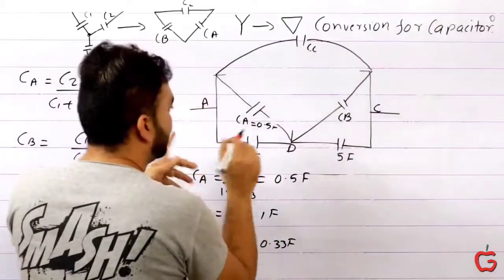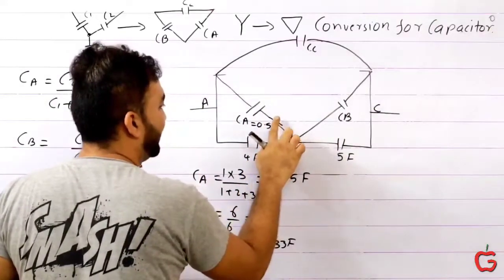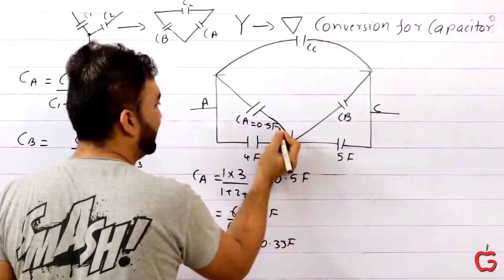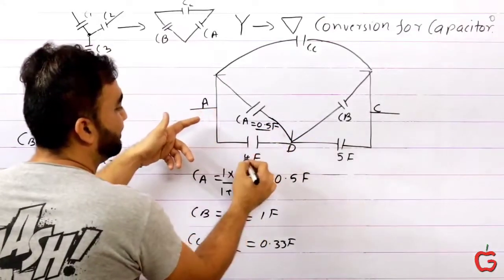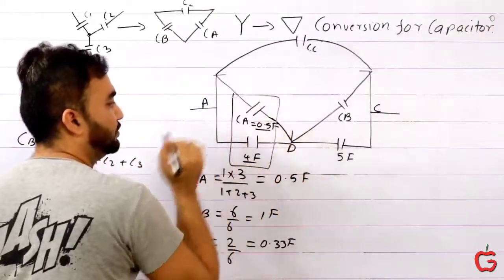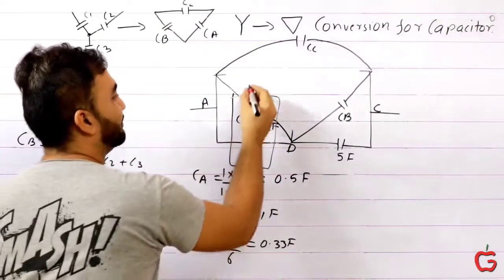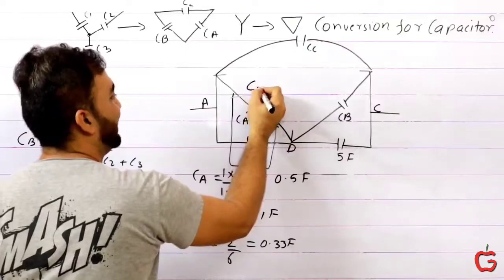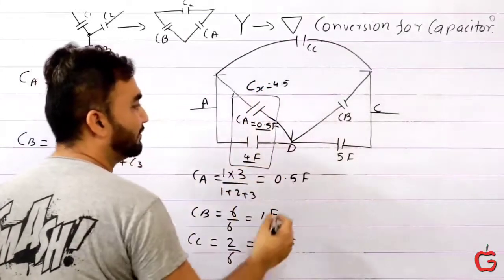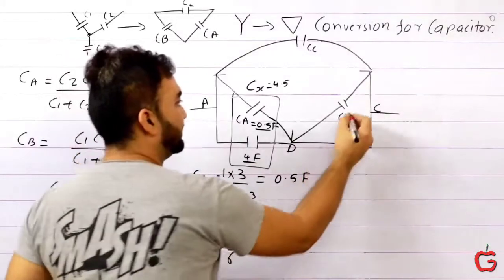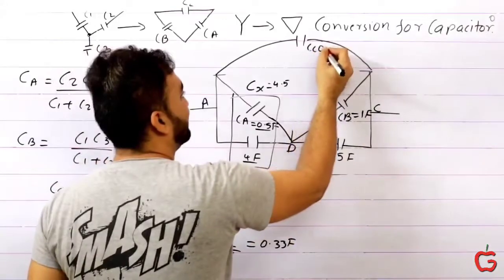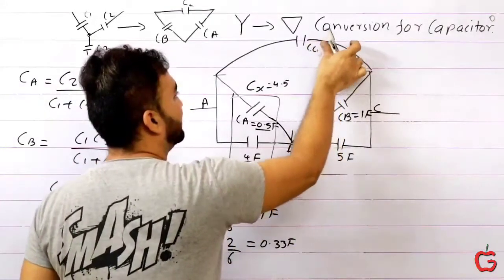Okay. Now this becomes a simple case of series parallel connections. 0.5 farad. So 0.5 and 4 capacitors are in parallel. So their total would be 4.5. So let's call this Cx. So Cx is 4.5. Cb was 1 farad. And Cc is 0.33.